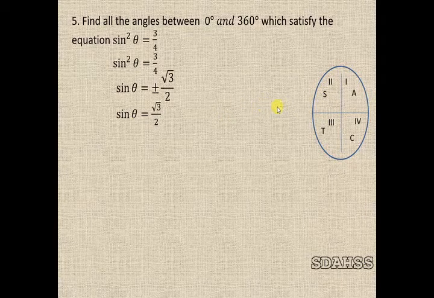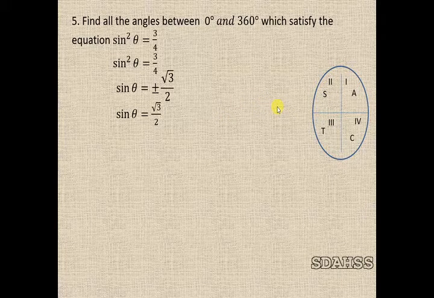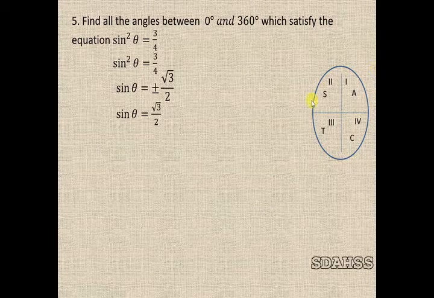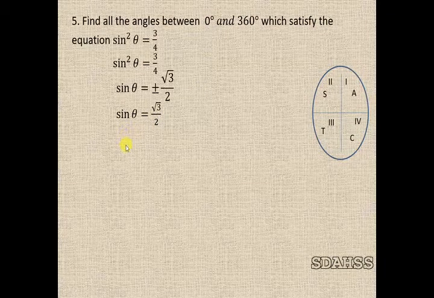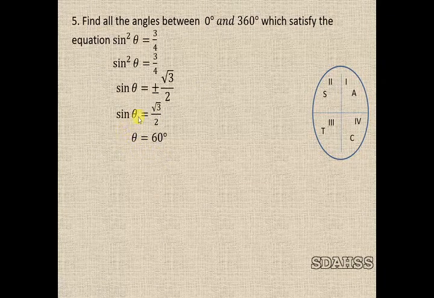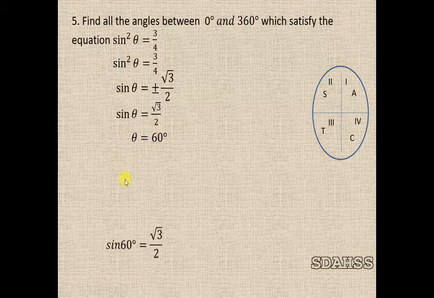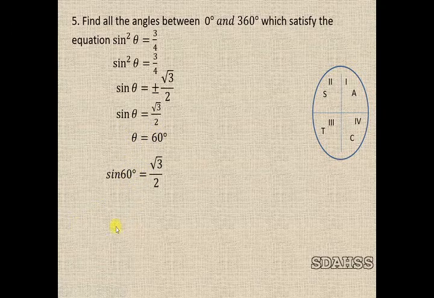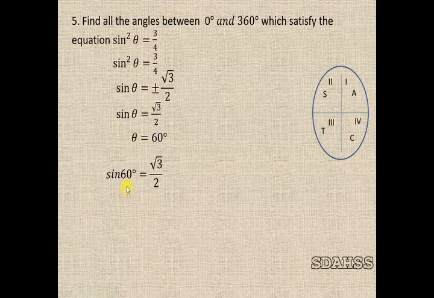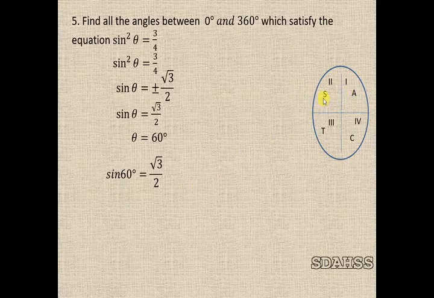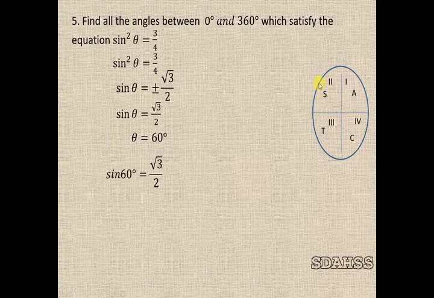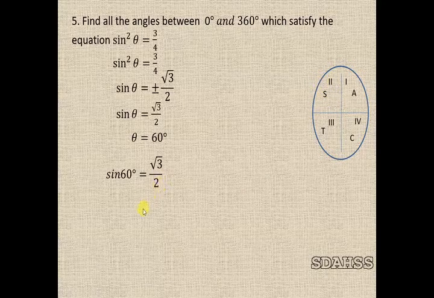Positive sin theta lies in two quadrants, that is first quadrant and second quadrant. Now theta is equal to 60 degree. Sin 60 is equal to root 3 by 2. This 60 lies in the first quadrant. Similarly, positive sin theta also lies in second quadrant.